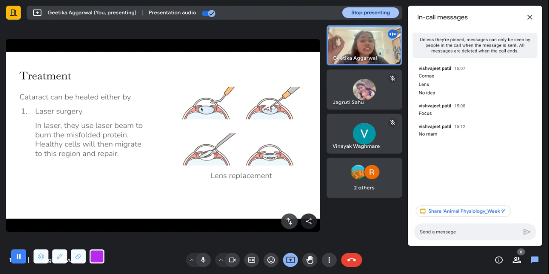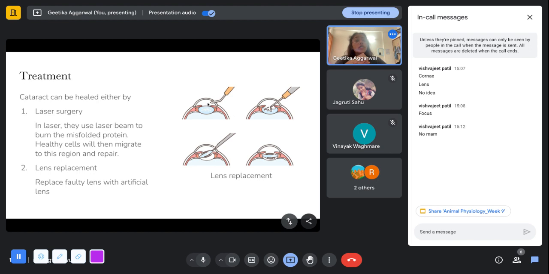You can think of these as the misfolded proteins, and the doctor will target the laser to these specific misfolded proteins and burn them, and then the healthy cells will migrate to this area and repair the things that the doctor burned, and the lens will gain back its transparency.